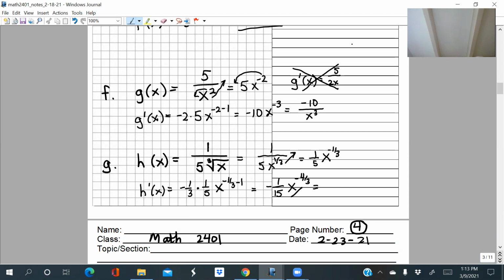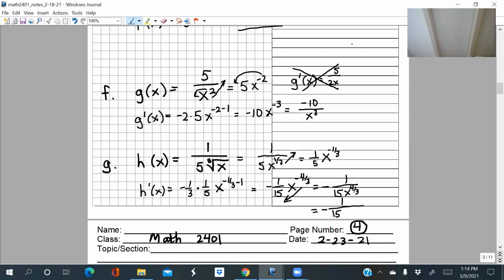Let's see, now I'm going to bring that x back down. So I have minus 1 over 15 x to the positive 4/3 power. And now I'm going to convert the 4/3 back to a radical. So that would be minus 1 over 15.